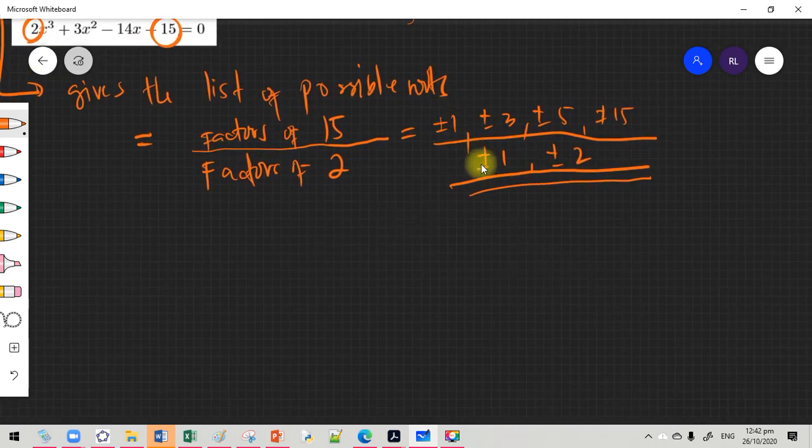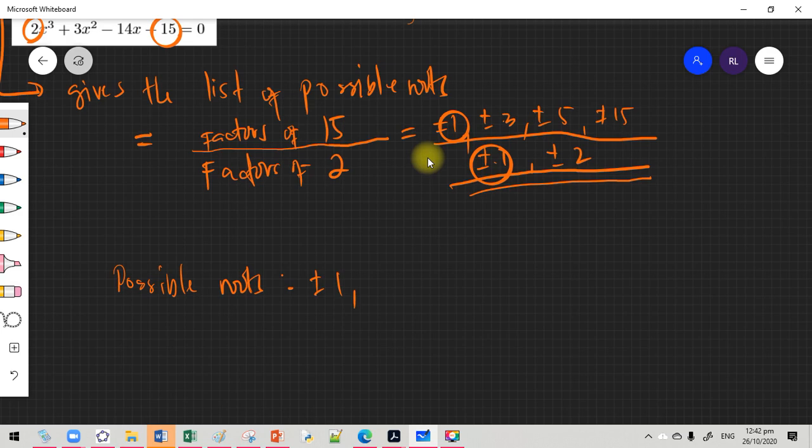If we divide 1 and 1, we get plus minus 1. 3 and 1, we get plus minus 3. 5 divided by 1, we get plus minus 5. 15 and 1, we get plus minus 15.